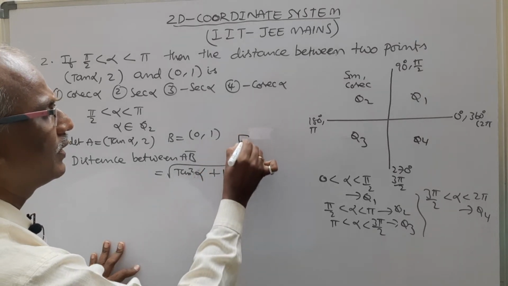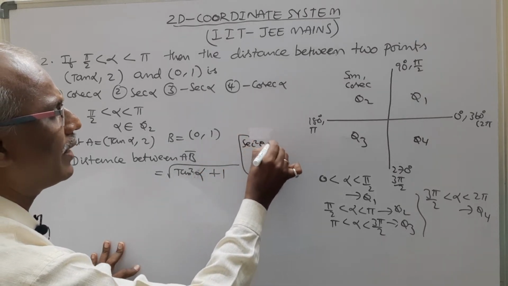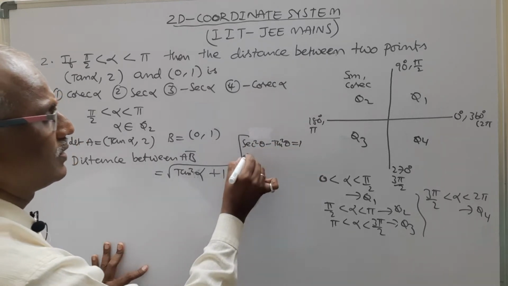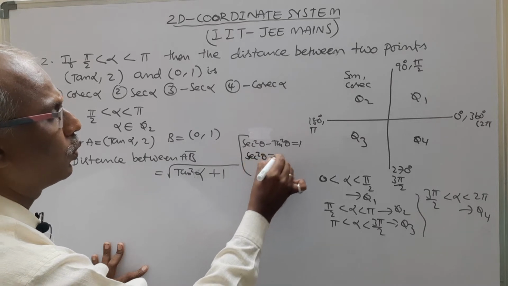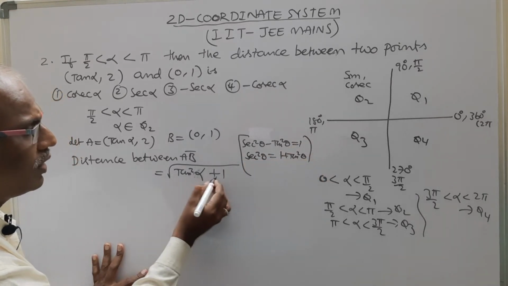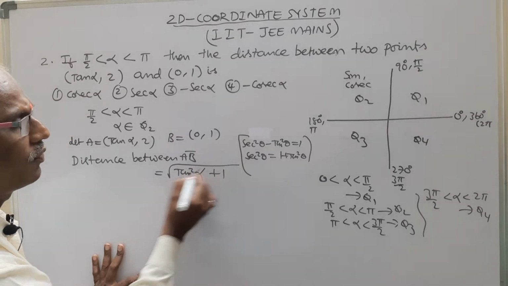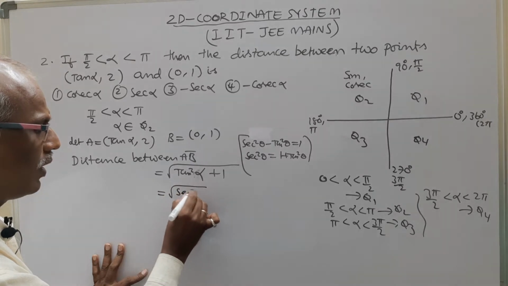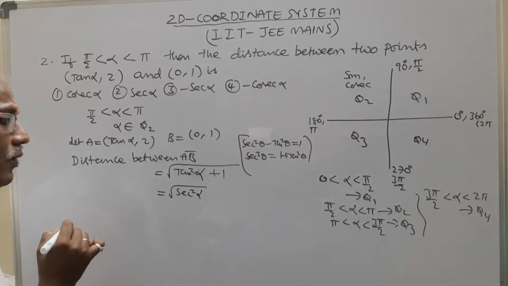Here the identity is secant square theta minus tan square theta is equal to 1. Secant square theta is equal to 1 plus tan square theta. Here tan square alpha plus 1, or 1 plus tan square alpha, is equal to secant square alpha. The square root of secant square alpha.